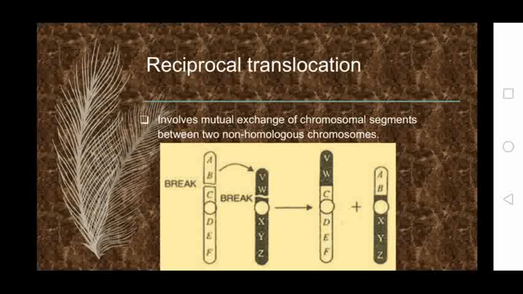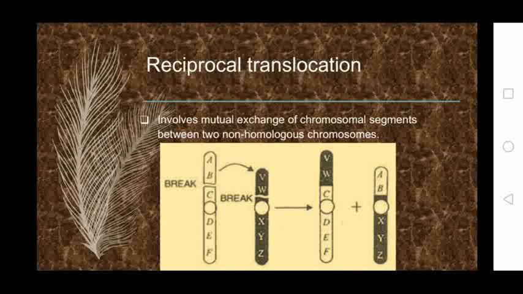This translocation involves mutual exchange of chromosomal segments between two non-homologous chromosomes. That means they are mutually exchanging their chromosomal segments. That is, the first chromosome exchanges its segment with the second chromosome, and the second chromosome exchanges its chromosomal segment with the first chromosome.